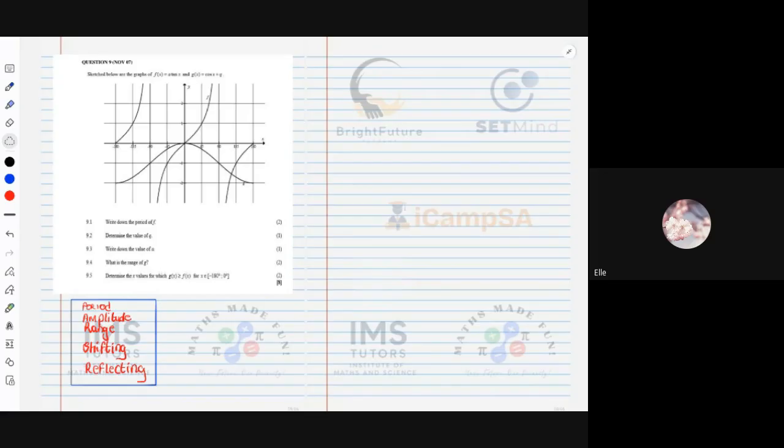And then the range, we know that's the y values for the graph. Shifting is simply the q that we add here. That q, that's your shifting. Stretching is that a, that's for amplitude.